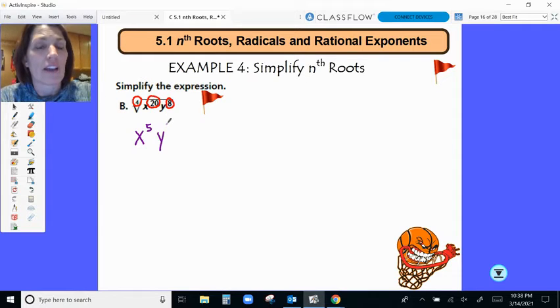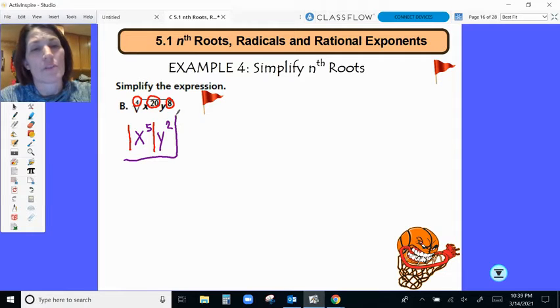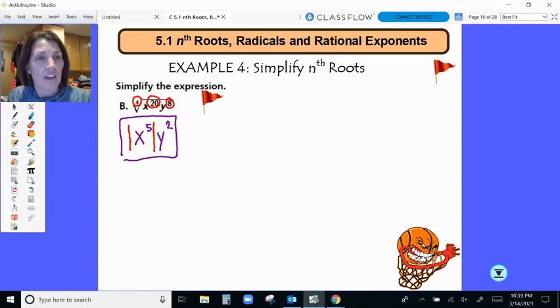Y to the 8 divided by 2 leaves us with the 2nd power. And because this is an odd power after we simplify, we have to make sure that stays positive by wrapping it in an absolute value, and that will be simplified. Absolute value of x to the 5th times y squared, okay?